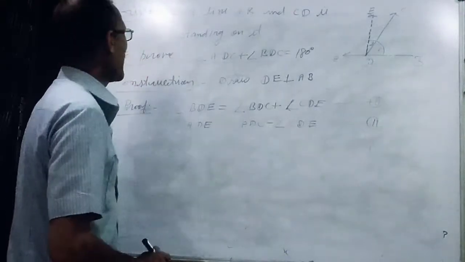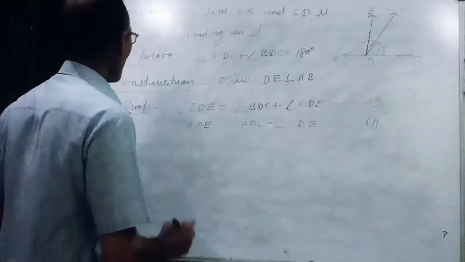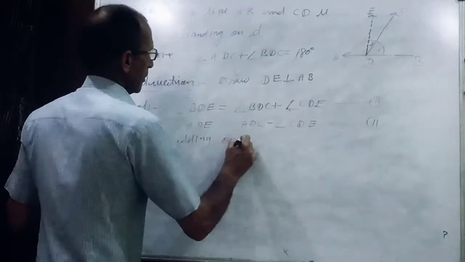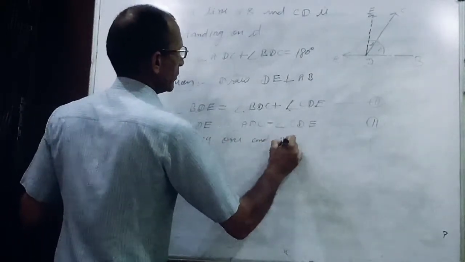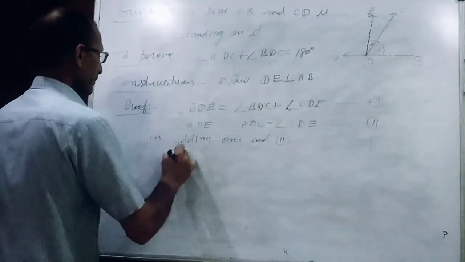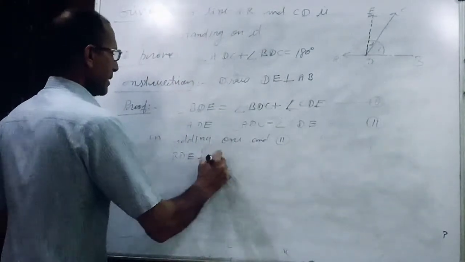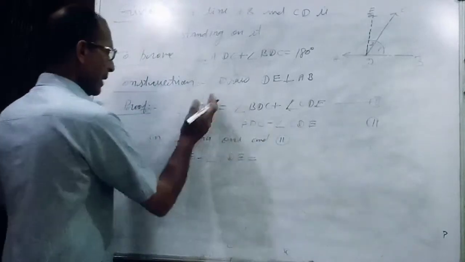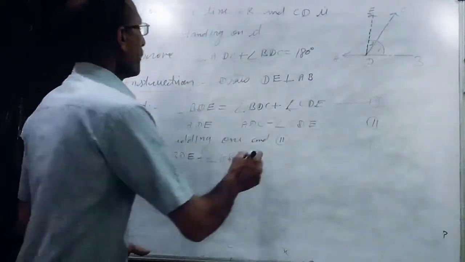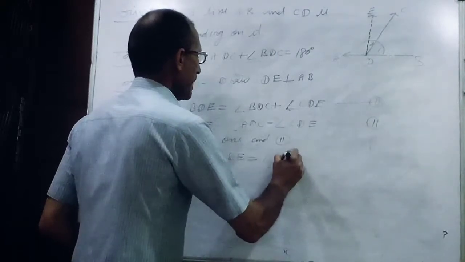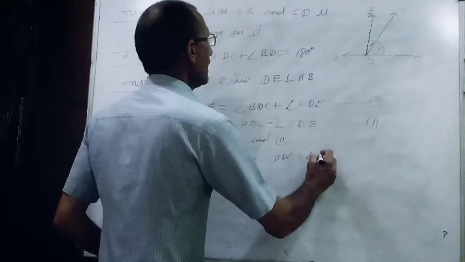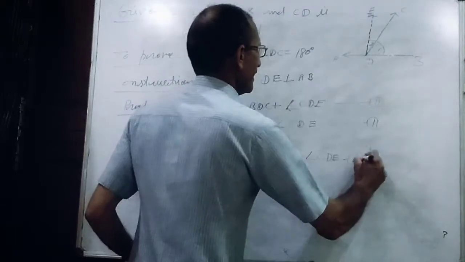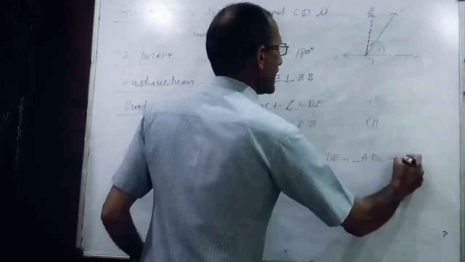Okay. Now on adding 1 and 2: angle BDE plus angle ADE is equal to, this side I added this side, angle BDC plus angle CDE plus angle ADC minus angle CDE.